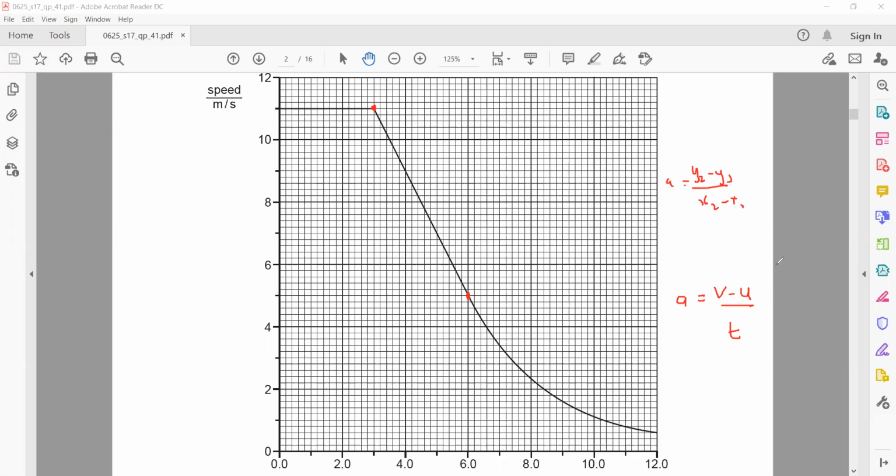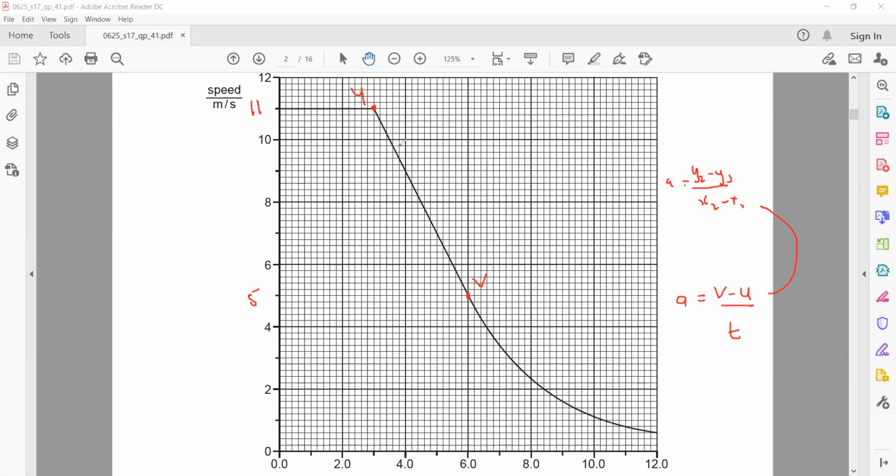For a straight line, the gradient method and the equation both are valid. But for a curve, only gradient is the method. You cannot use a formula. So this is the starting speed, which is 11. The final speed when time is equal to 6, that is 5.